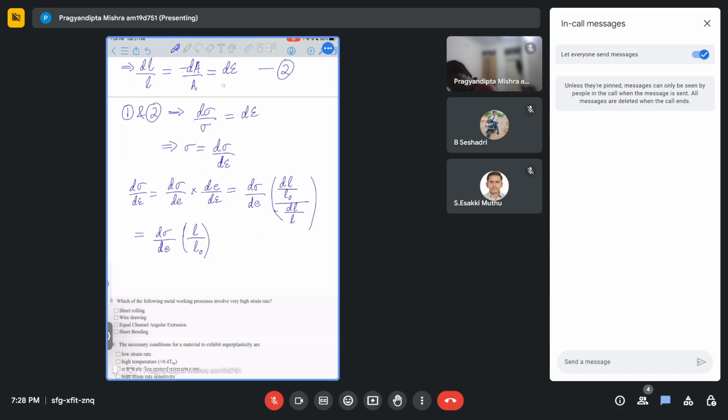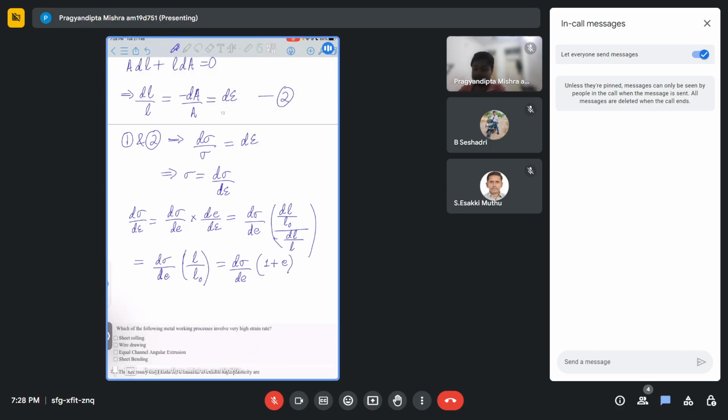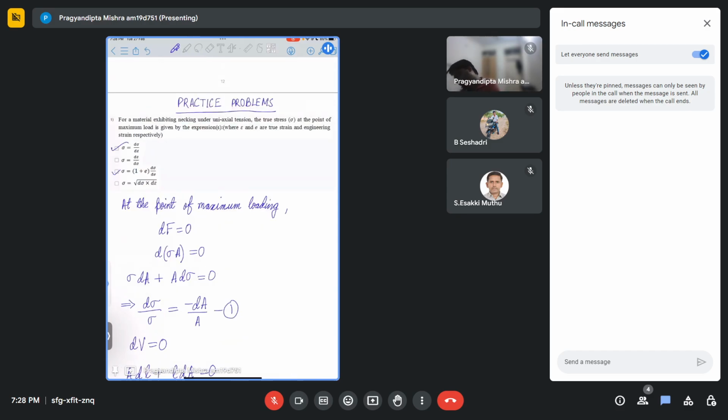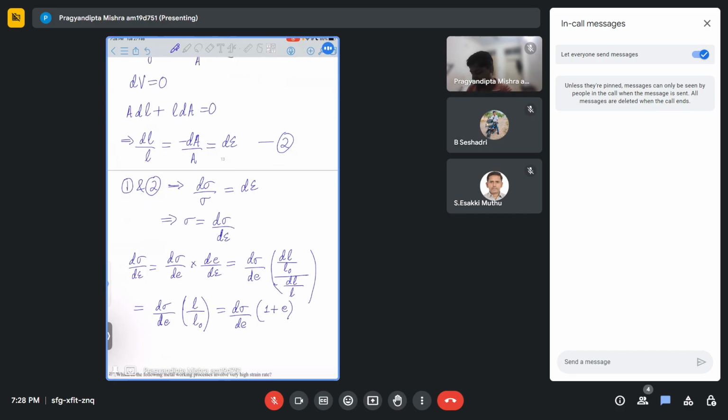L is equal to L naught plus dl, right? So it will be 1 plus e. d sigma by de times 1 plus e. Therefore, this is also one of the solutions. Let's see if that solution is present. Yes, the third. So both of them are giving the correct answer.